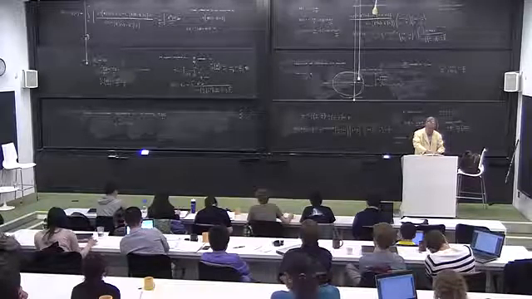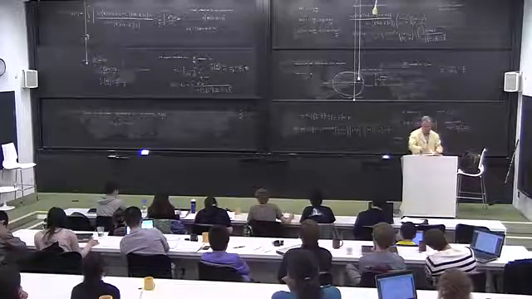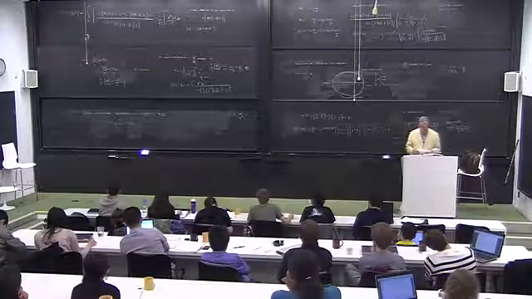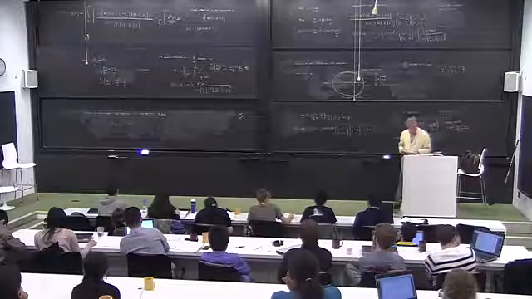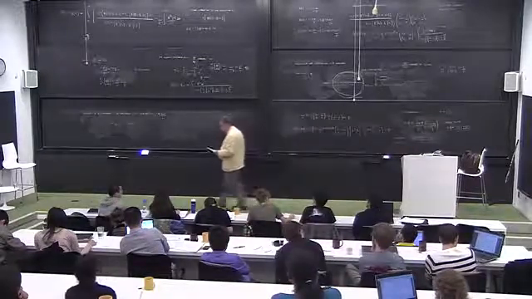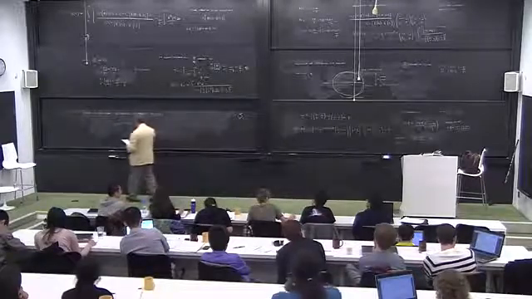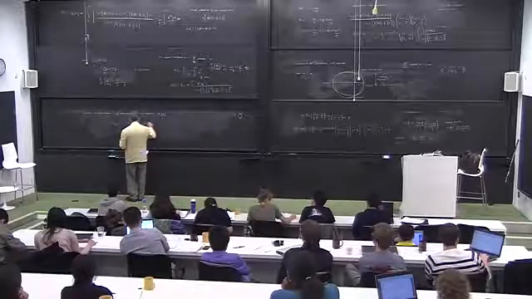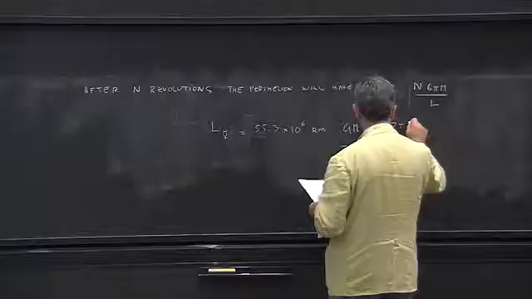I don't know why he writes 55.3 times 10 to the 6th rather than 5.53 times 10 to the 7th, but that's what he does. 55.3 times 10 to the 6th kilometers. GM, you remember, was 1.475 kilometers.